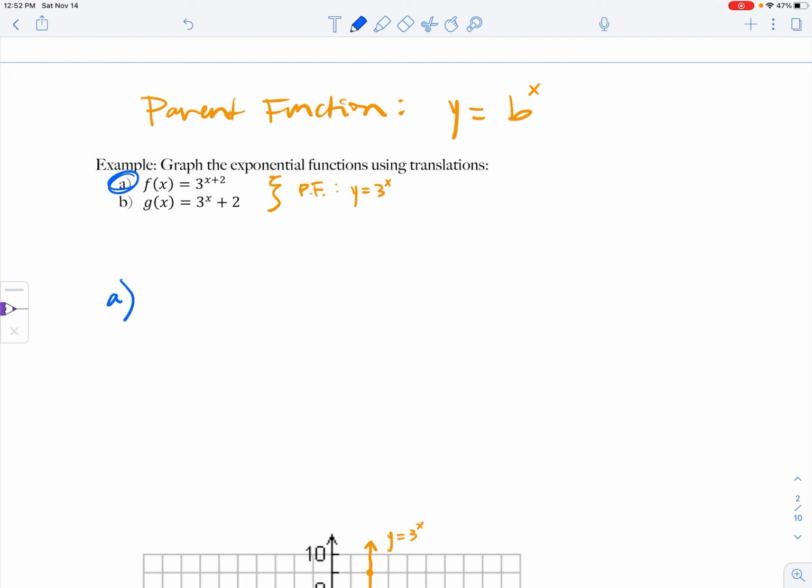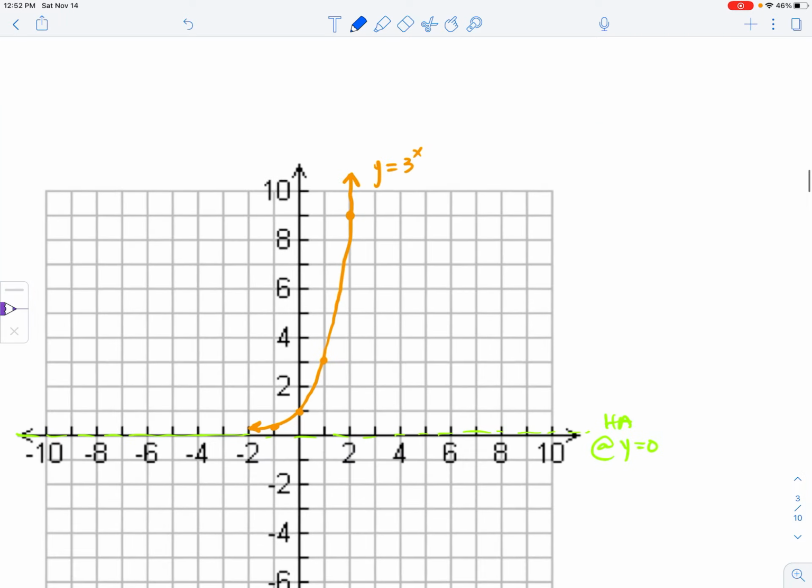So to graph f of x equals 3 to the x plus 2, that plus 2 is a horizontal shift. It's happening to the x. So it's a horizontal shift left 2. So each point on this graph of the parent function will be shifted to the left 2 units.